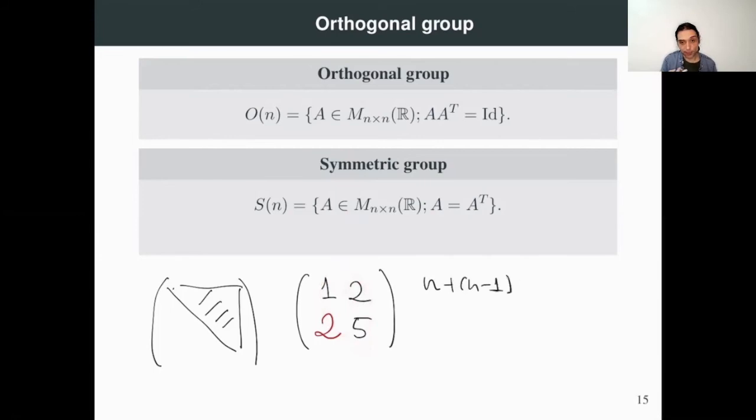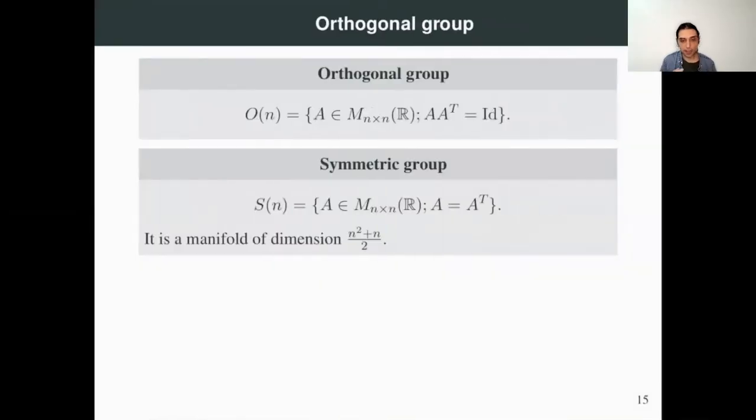For the example, that's everything, but for a general n times n matrix, you have to keep going till you get to 1. And this is n times (n plus 1) divided by 2. So that's going to be the dimension of the group of symmetric matrices. Again, it's not difficult to prove that the set of symmetric matrices is a group. Okay, it's a manifold of that dimension.